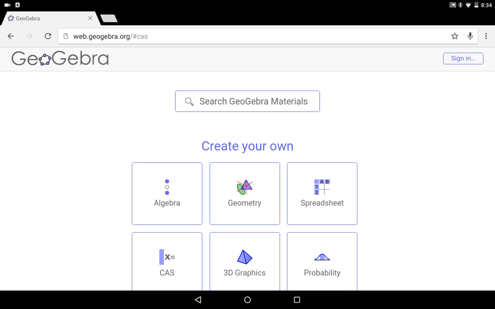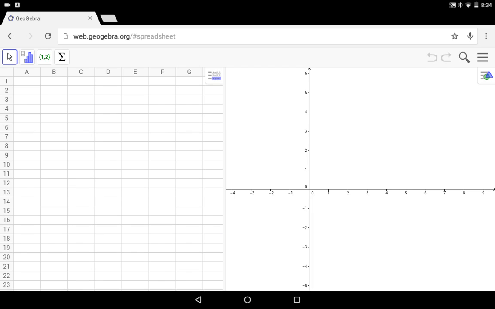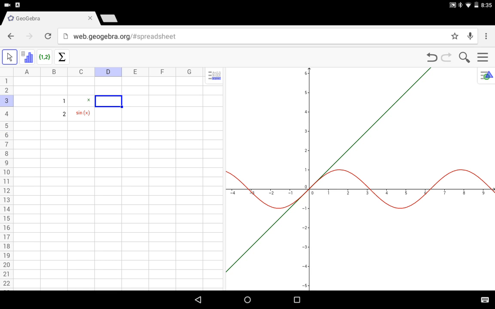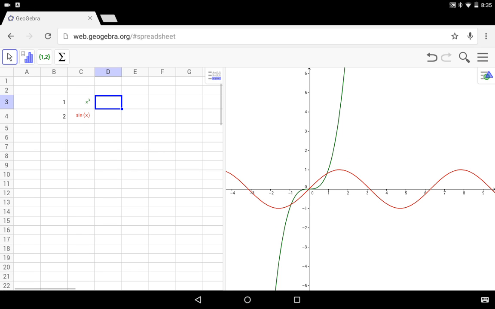If you go to a spreadsheet, one of the neater things about spreadsheets on this thing is, yes, you can do all the classic stuff of putting in numbers and calling, for example, B3, but the other thing you can put in here is actually create functions, say x to the third power, an x cubed, and then you can do things like integral of C3, and it'll take derivatives and plot that thing all out for you.